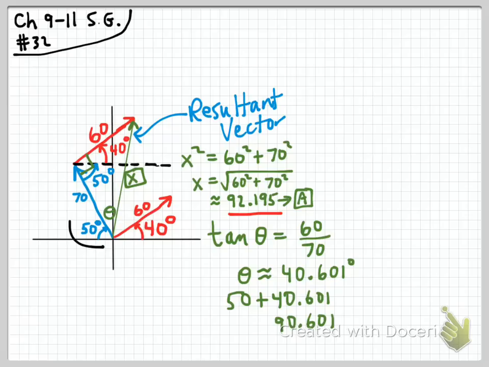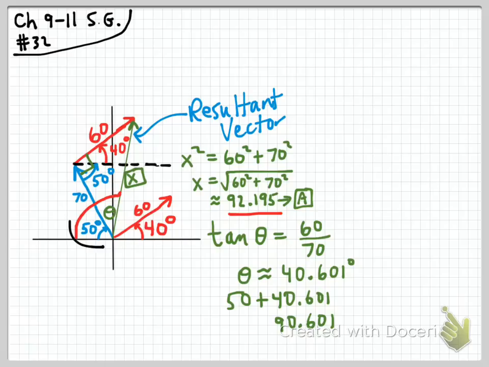The only reason I'm doing that is to see how far it is, let me do this in red, from the horizontal axis to the resultant vector from the other side. That's 90.601. Now if I take that 180 and subtract the 90.601, I get 89.399 degrees.